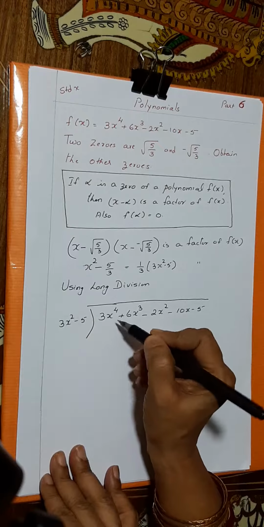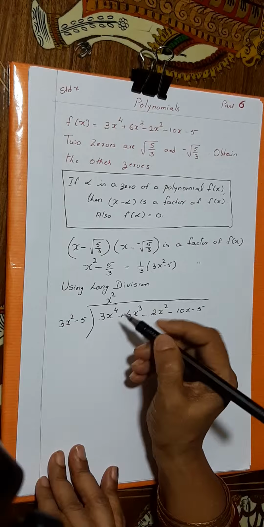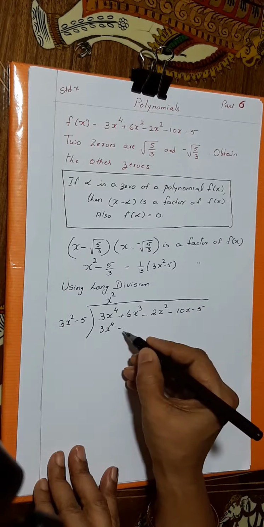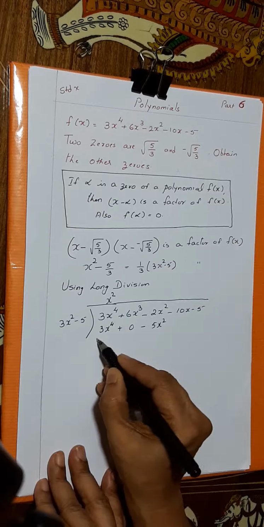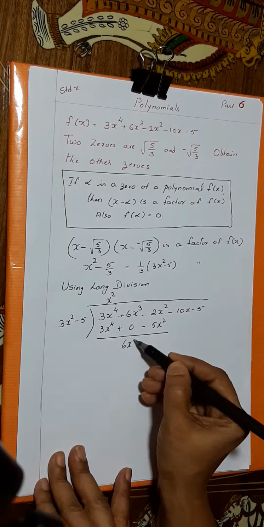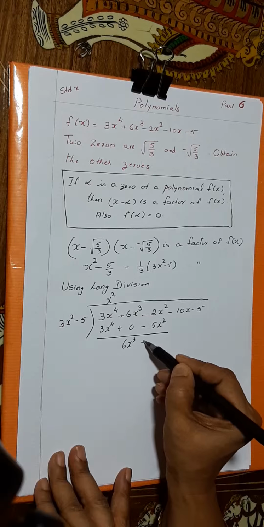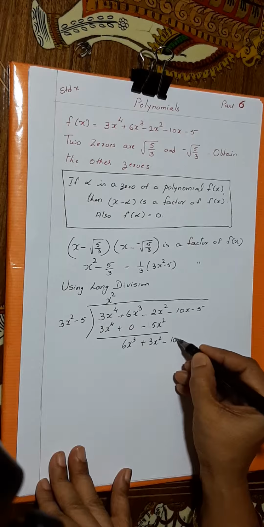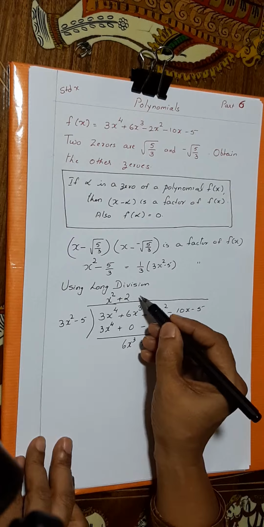Now 3x squared, 3x to the power of 4. So we have to multiply by x squared so that it becomes 3x to the power of 4 minus 5x squared. So here nothing is there. So you get this as minus 6x cube. So minus 2 minus, minus minus becomes plus, so plus 3x squared minus 10x. So now you have to multiply with 2x.